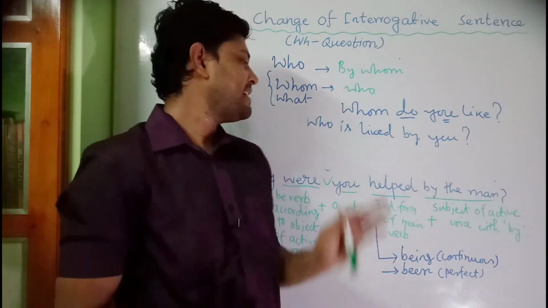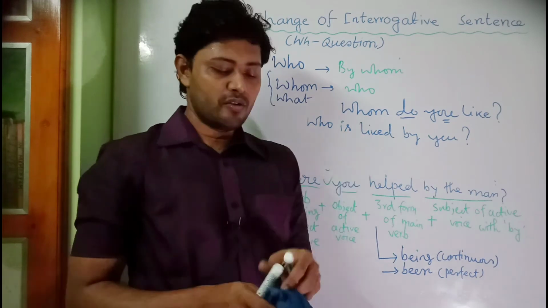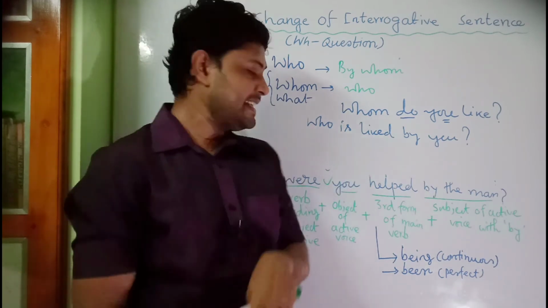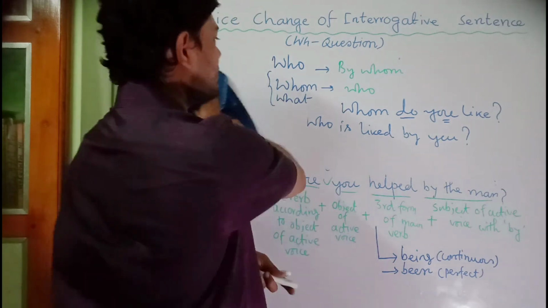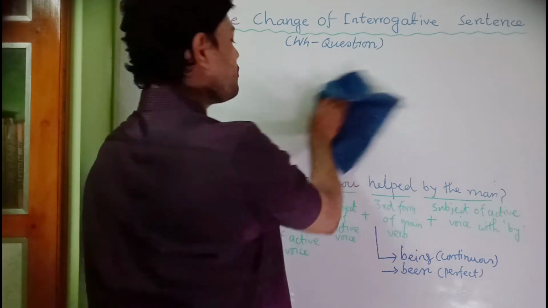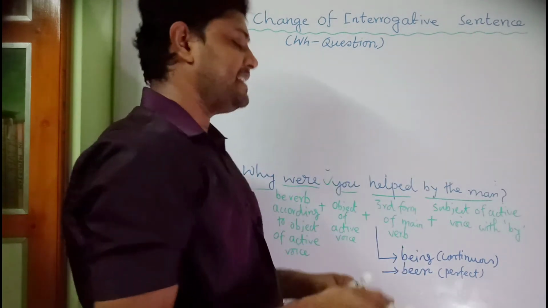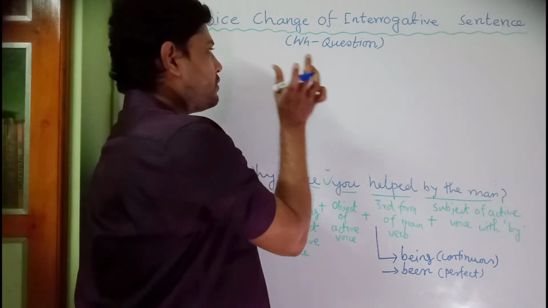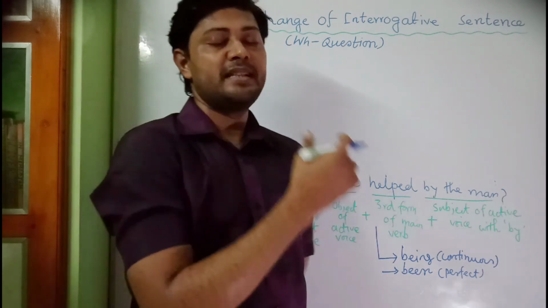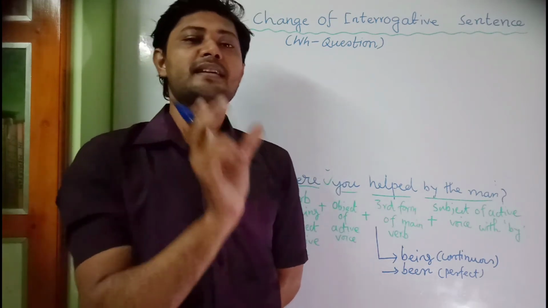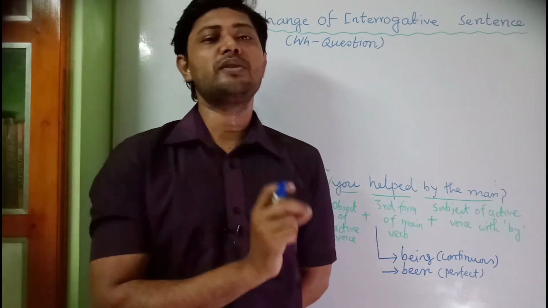Got it? The last example that I want to show you, some WH questions with which. It is a problematic thing because whenever you find a WH question with which, you will find that the answer, that means the passive voice, will start not only with which but a word which is attached with which.